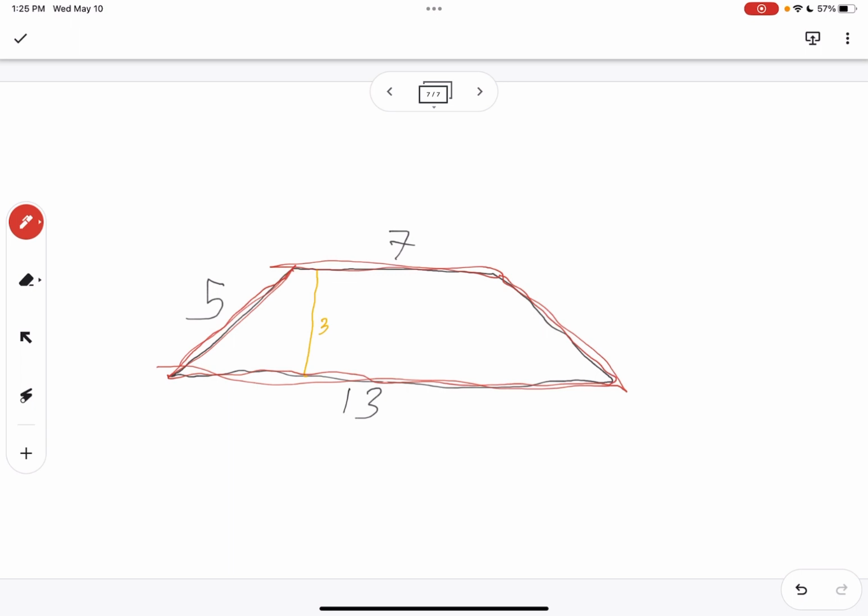So this would be, to find the perimeter, 5 plus 13 plus, we know that the opposite of this right here is also 5. So we're going to do another 5. So we've got 5 plus 13 plus 5. And then the last one, 7. Because to find the perimeter, we just want the outside.